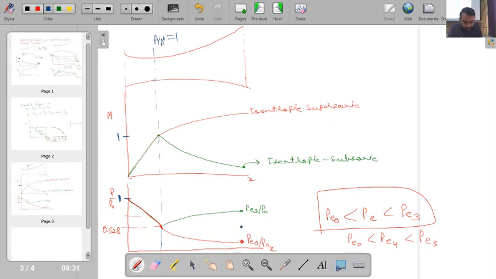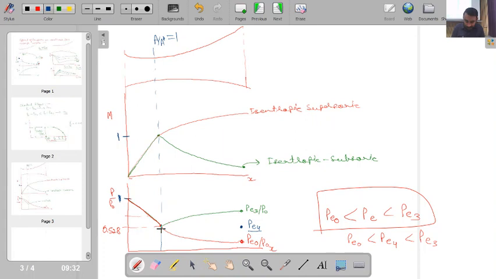This is my new pressure point, so this point is PE4. Now how to achieve this PE4? Because if you go to PE3, then your line will be like this. If you go to PE0, then your line will be like this. And up to the throat nothing will change. So things have to change after the throat.